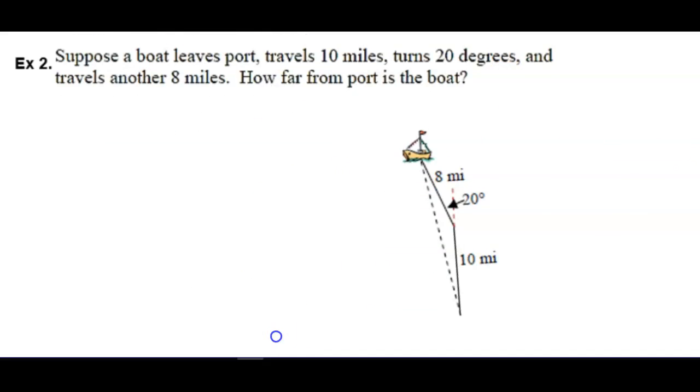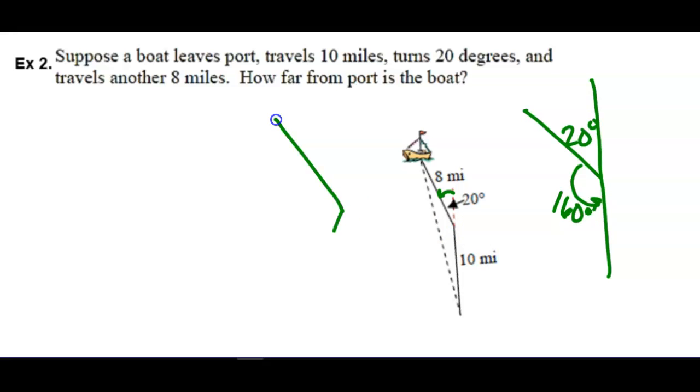This is super easy. I'm really not even going to set this one up for you, but it says the boat turned 20 degrees here, guys, and this is a straight line. I'm going to exaggerate the picture just a little bit. So it was going straight, and it turned 20 degrees here. Remember your geometry? A straight line's 180. So 180 minus 20 is 160 degrees. So in that triangle, you have 8 miles here, 160 degrees here, and 10 miles here.